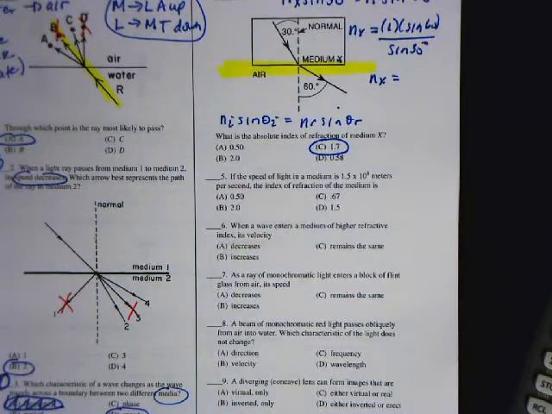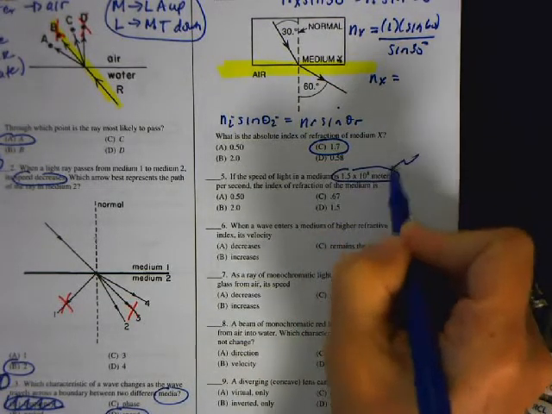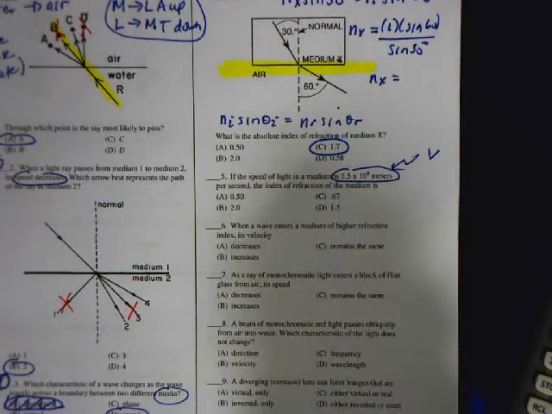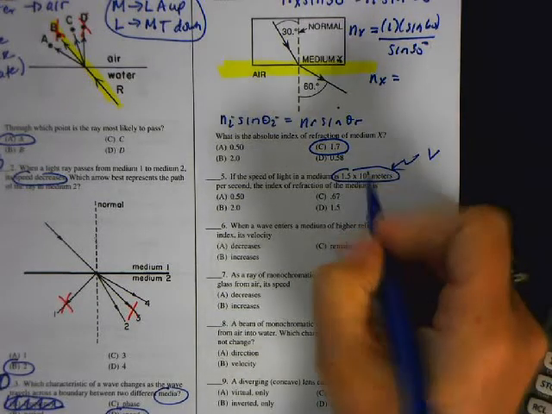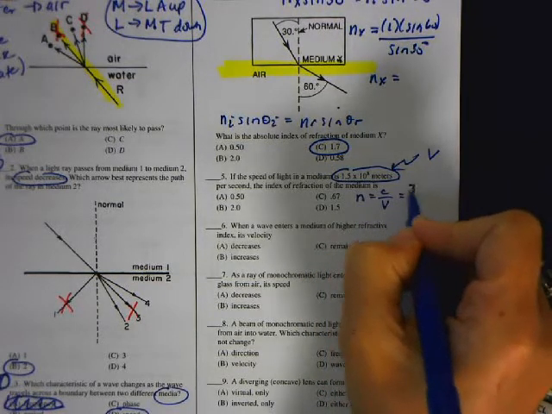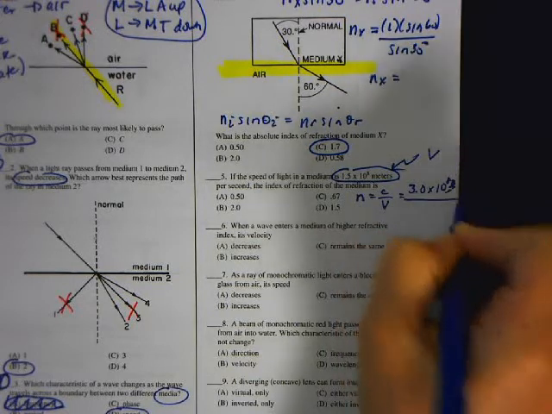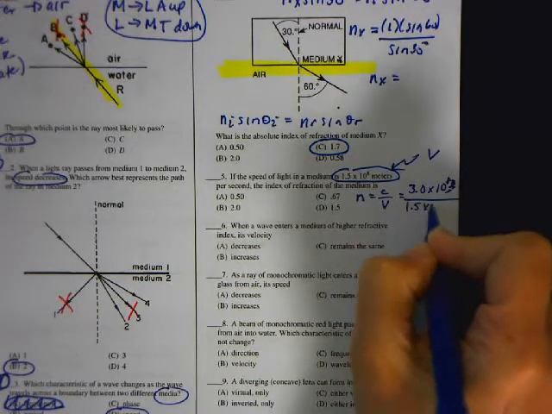Number 5, if the speed of light in a medium is 1.5 times 10 to the 8 meters per second, so that's the velocity, the index of refraction in that medium is, so we're going to use the equation N is equal to C over V. So the speed of light in a vacuum, 3.0 times 10 to the 8 meters per second, divided by 1.5 times 10 to the 8 meters per second.